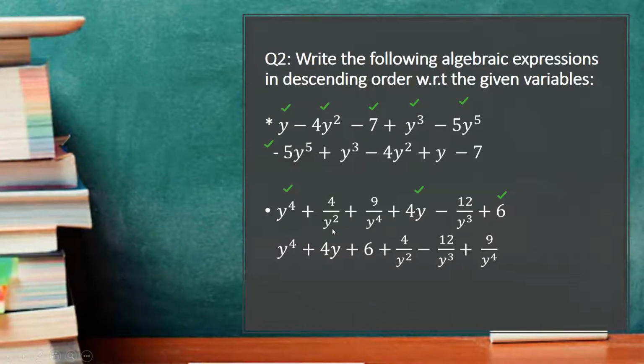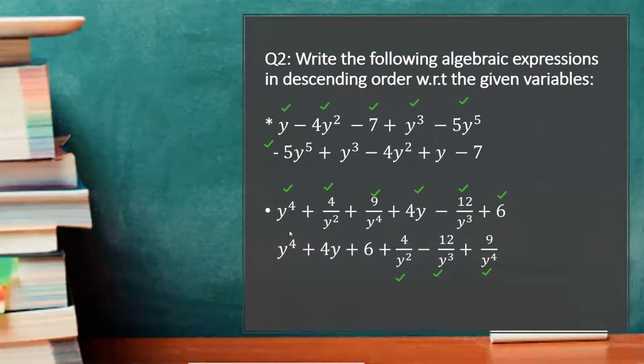That means ये power अगर numerator में आएंगी तो -2 बन जाएगी, right? So here the next power is -2, the next power is -3, and the next will be -4. ठीक है? -2 is bigger than -3. Remember? -3 is bigger than -4. So I have written 4 over y square minus 12 over y cube plus 9 over y 4.